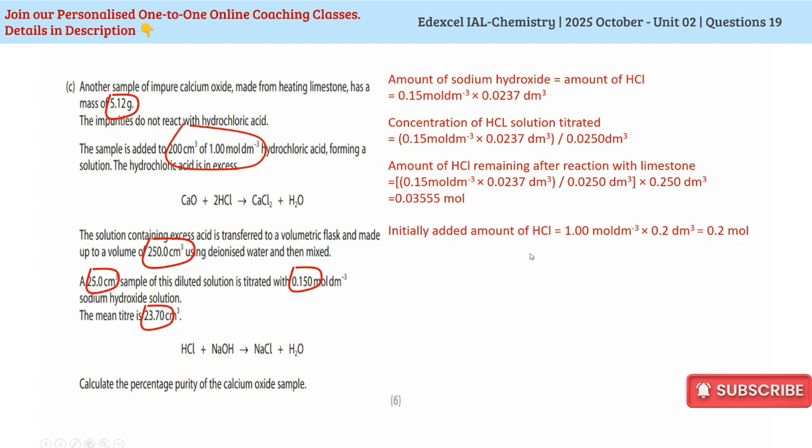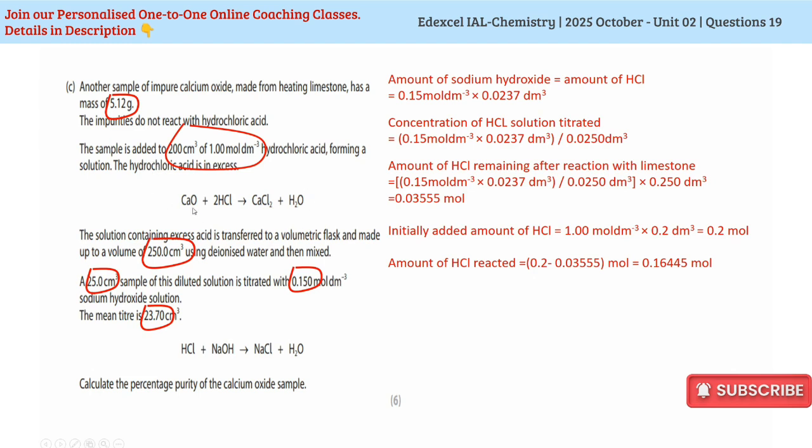So the amount of HCl reacted can be calculated by the difference between the amount of HCl remaining and amount of HCl initially added, that I am getting as 0.16445.